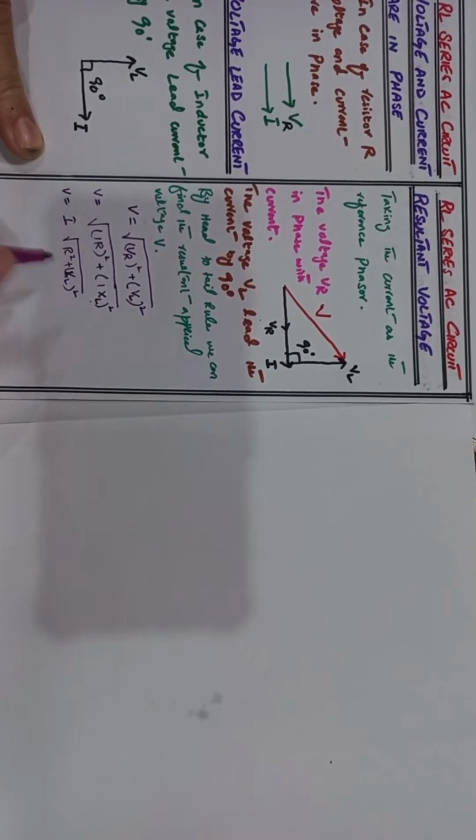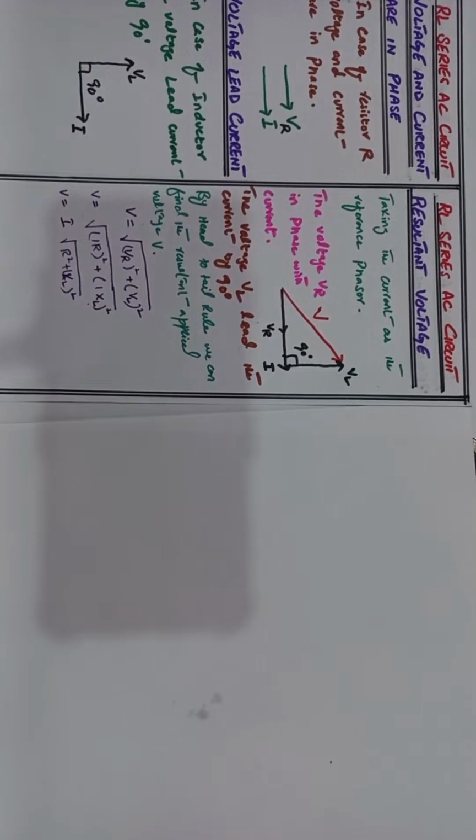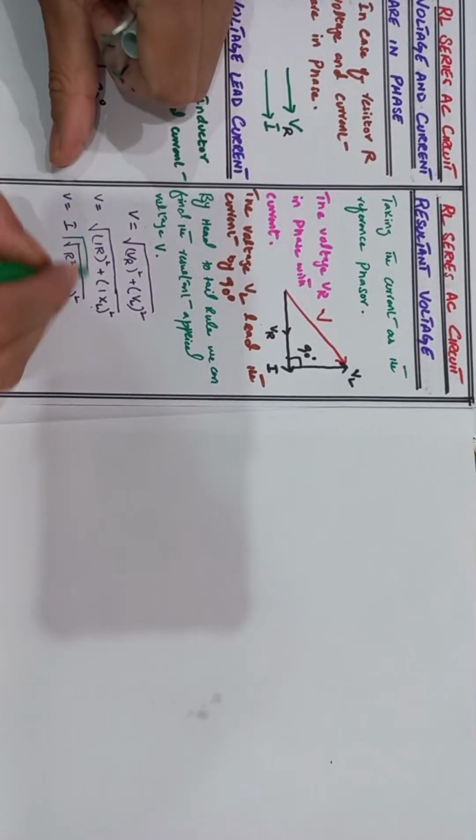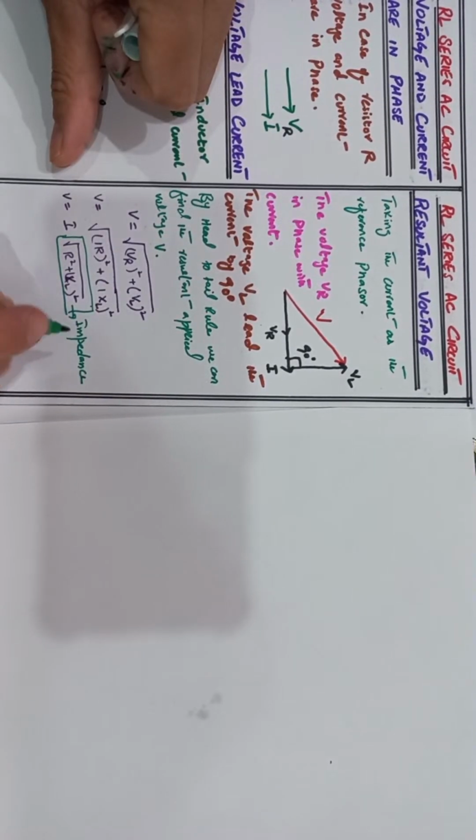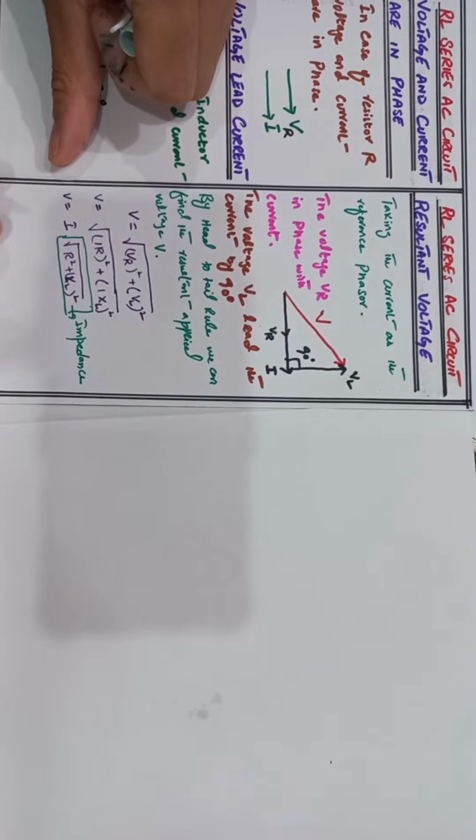This combined effect, the opposition offered to the flow of current, is known as the impedance. Impedance is the combined opposition offered to the flow of the current.